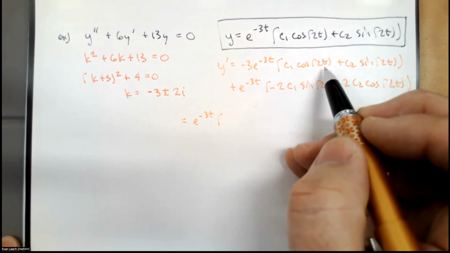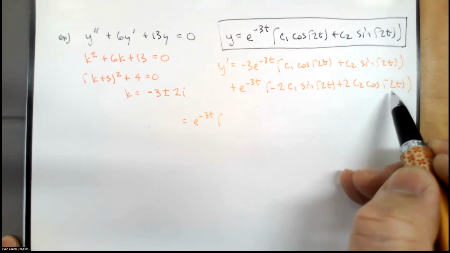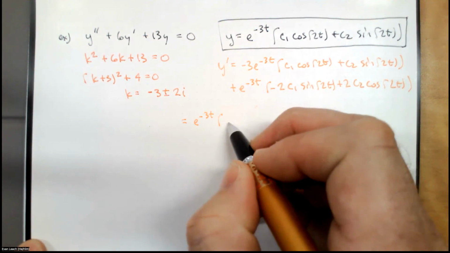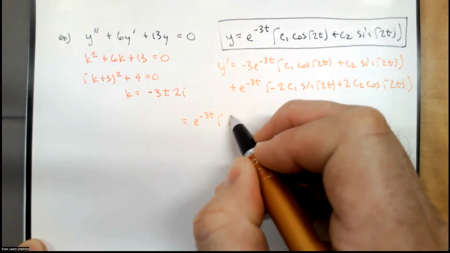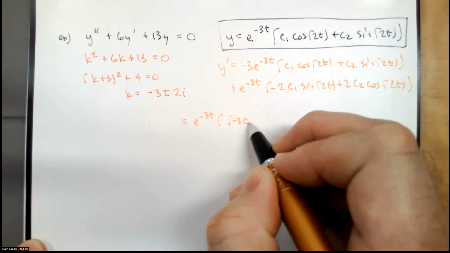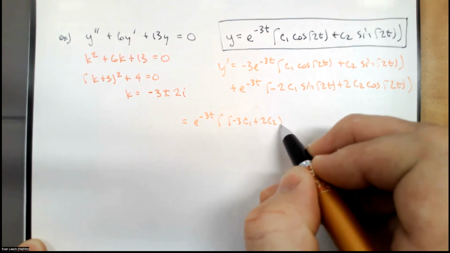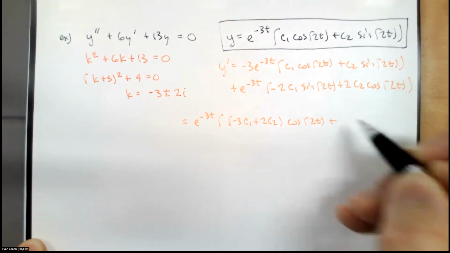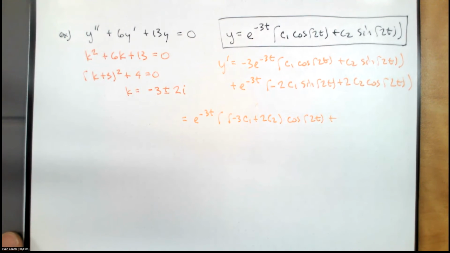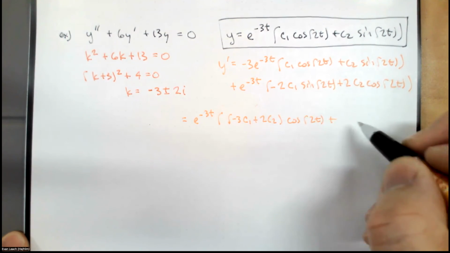As far as cosine of 2t goes, I've got minus 3c1 plus 2c2 times cosine of 2t. Now I'm really regretting writing this in orange, but I can't change now. It would bother me. But would it bother me more than writing this whole thing in orange? In the sine of 2t, we have a minus 3c2 minus 2c1.